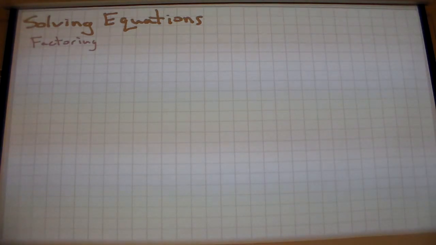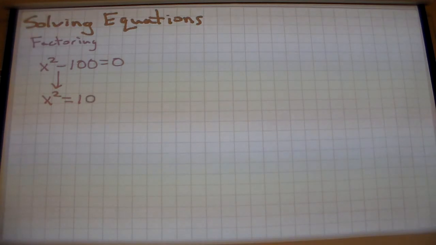Let's start with one basic, though. If I had x squared minus 100 equals 0, two ways we could approach it. One way is to go, well, that's x squared equals 100. And then I can take the square root of both sides.